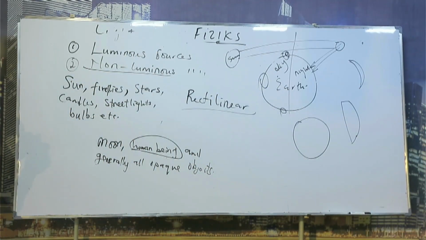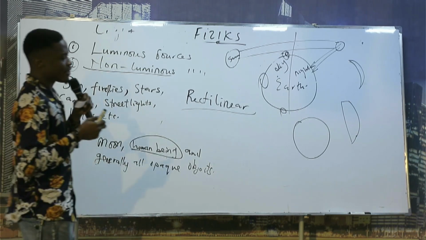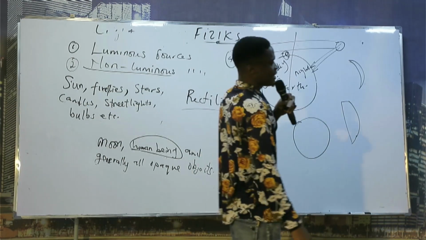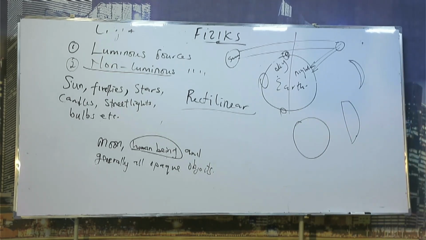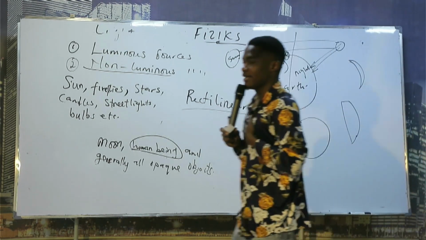Rectilinear propagation of light. This is the theory that supports the assumption that light travels on a straight line.